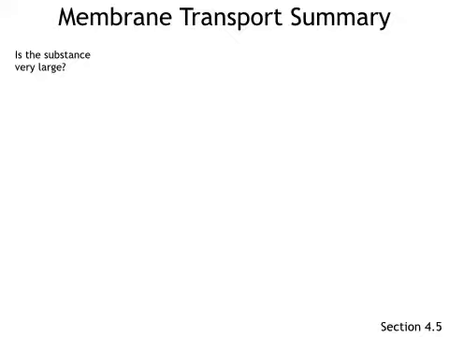So the first question, this is basically going to be a tree that's going to help you understand all of these ways that the cell moves things in and out. And the first question is, is a substance that the cell is trying to move in or out very large? If the answer is no, the next question is, is the substance moving down its concentration gradient, from a region of high concentration to low concentration?